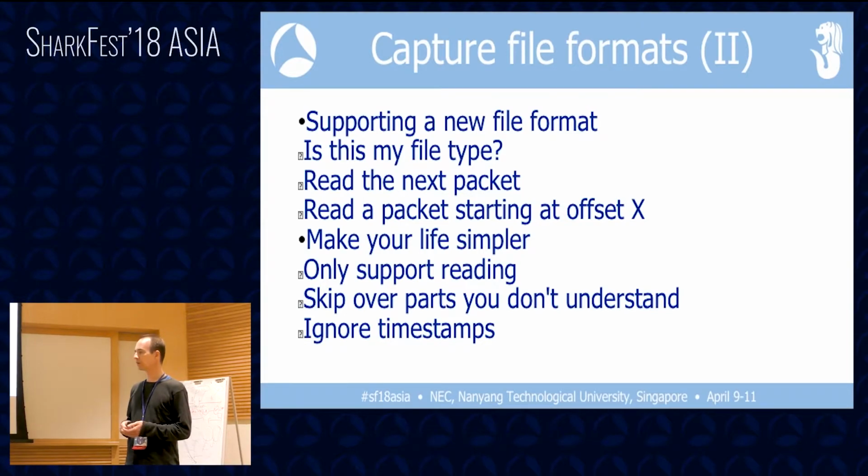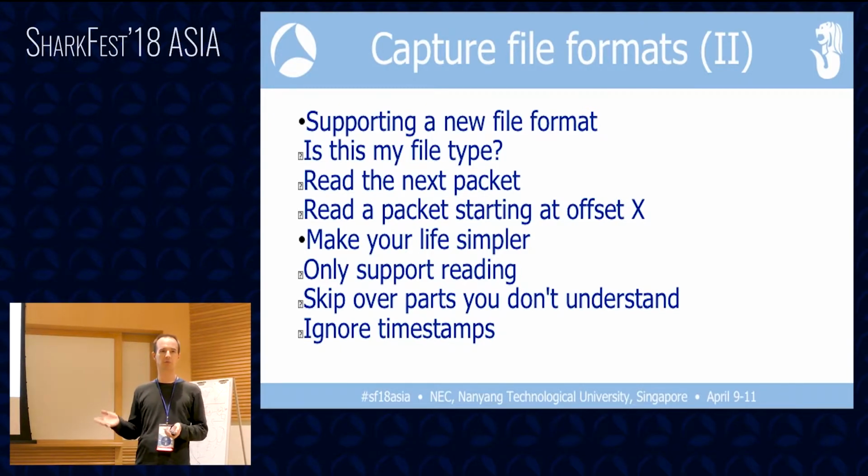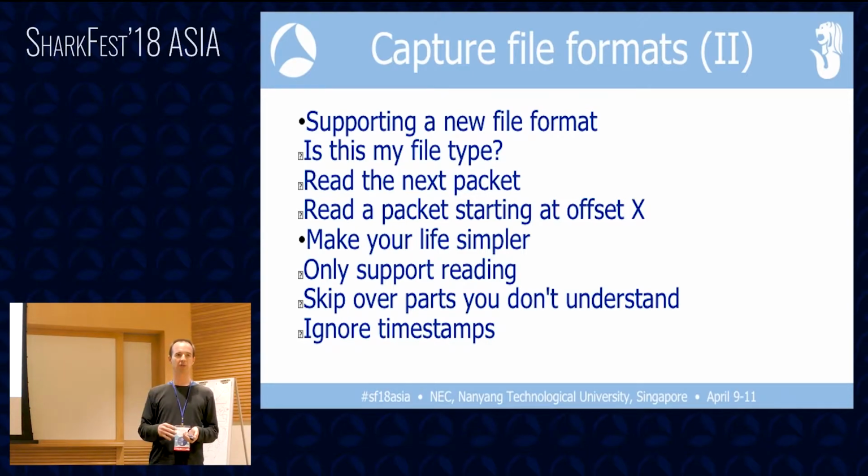You have to provide a routine to read the next packet, so we can go through the file packet by packet and get the information out, and you have to provide a way to have random access when the user jumps to a specific packet. It will take you to an offset and say, give me the next packet from that point.